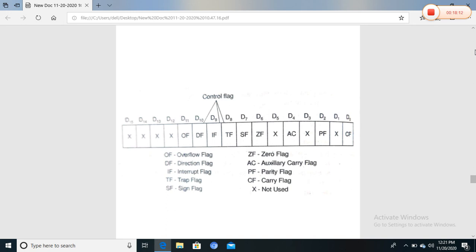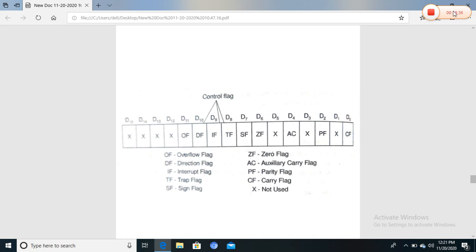The EU consists of the ALU, general purpose registers, pointer registers, index registers, operand registers, flag register, and segment registers. Separately, a question is asked: explain the register organization of the EU, and explain the flag register of 8086.